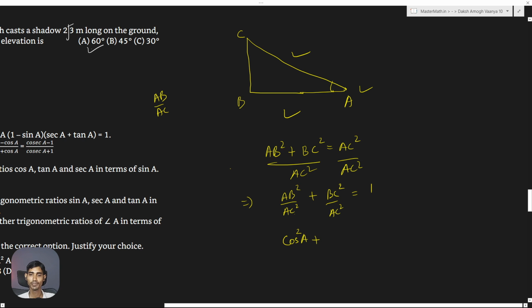Sine square. It is sine A and then square. This is our first identity. Cos square A plus sine square A is equal to 1, or sine square A plus cos square A is equal to 1.